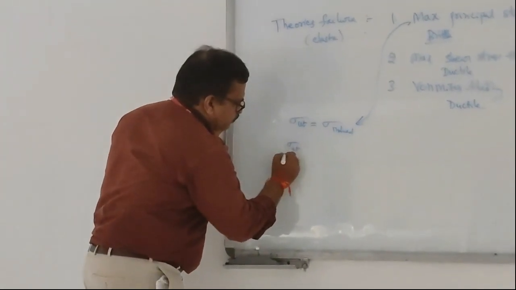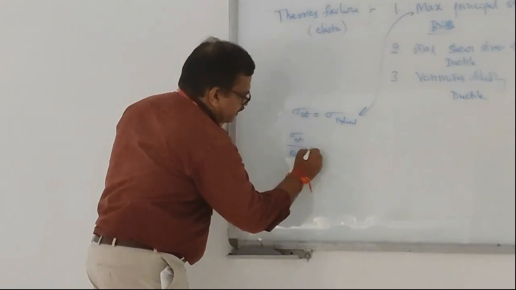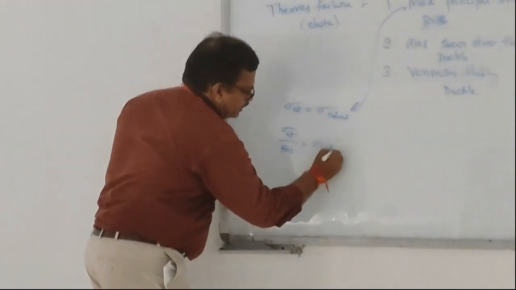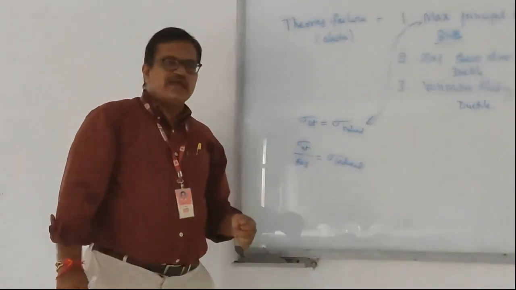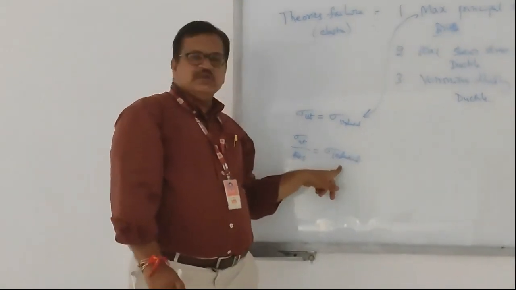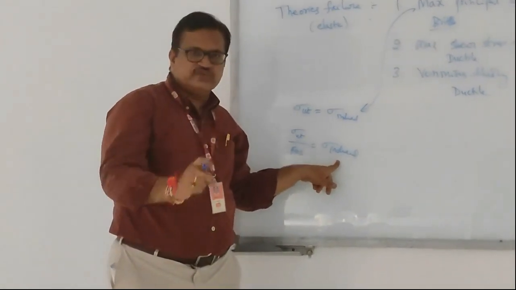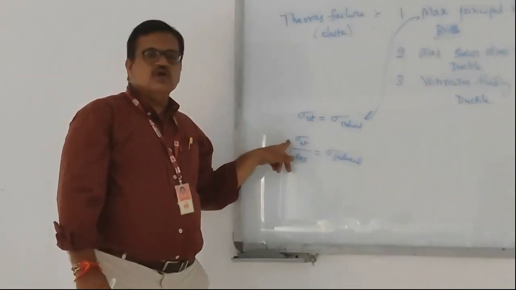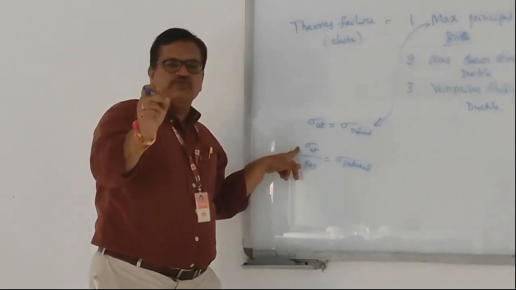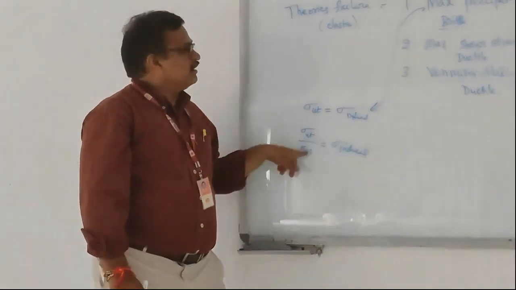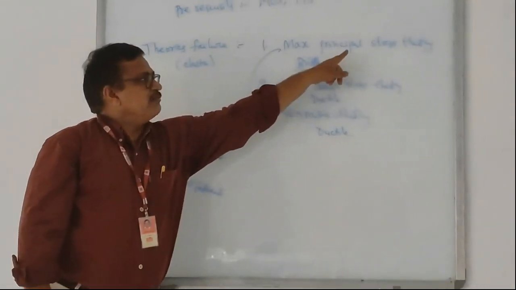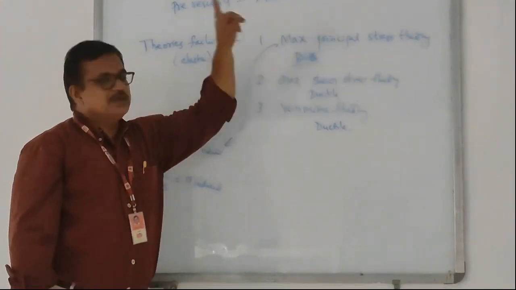Therefore, sigma ut by factor of safety is equal to sigma induced. That means when the member is subjected to some axial kind of loading, there will be a stress known as induced stress. This induced stress is equal to the material's failure value, ultimate stress, upon the factor of safety. So we use the maximum principal stress theory for brittle material.